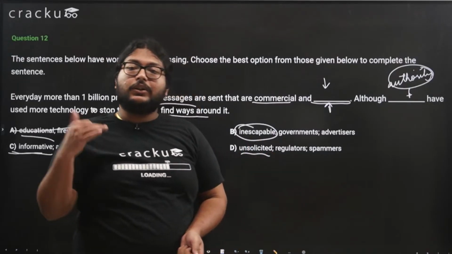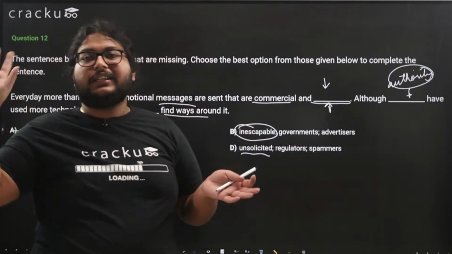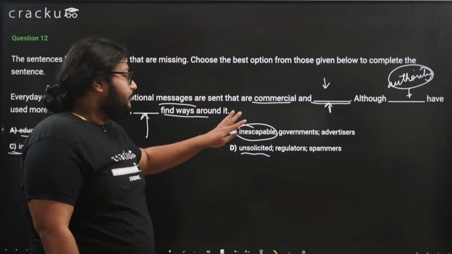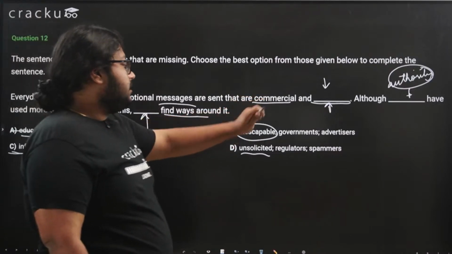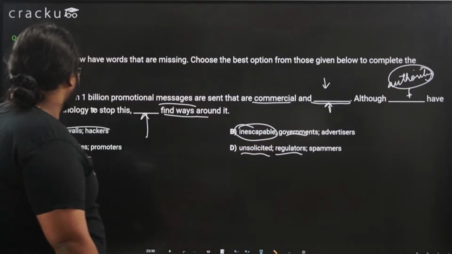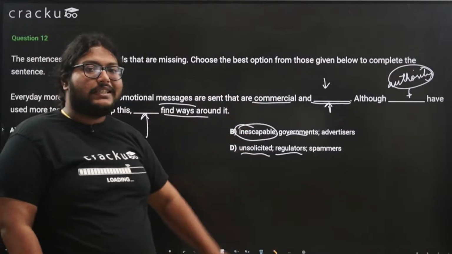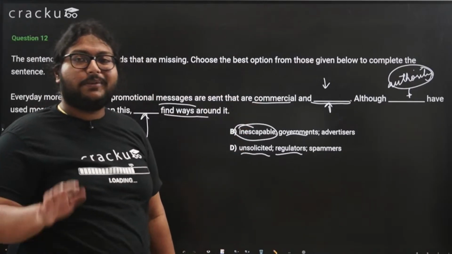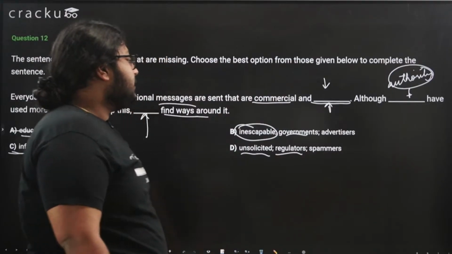Inescapable messages, like you cannot escape them. I would say in some context maybe it makes sense, so let's keep it for the time being. Although dash authority, right? Regulators, governments, and here we have authorities. So all three of these can make sense in the second blank, and we cannot eliminate any option as such.